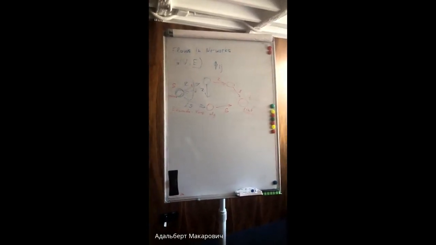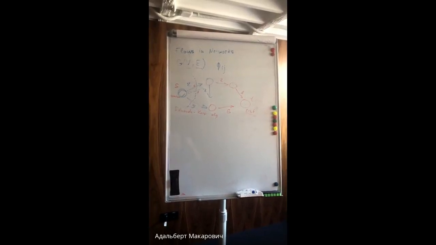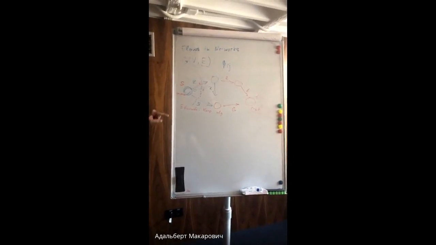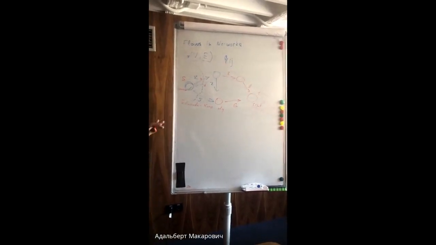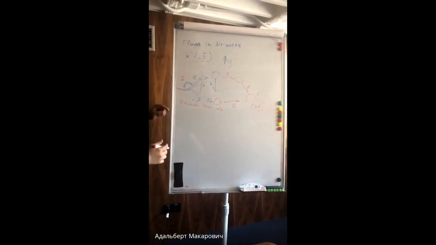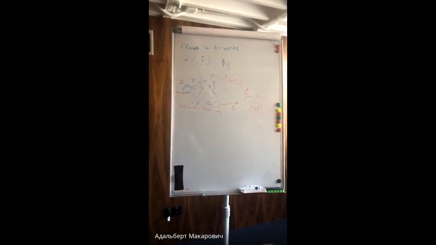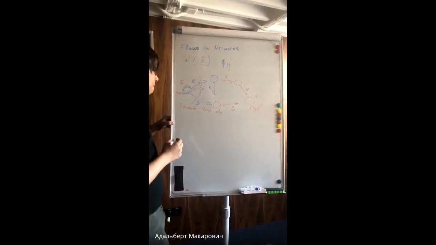What the Edmonds-Karp algorithm does is basically the same as Ford-Fulkerson, but instead of DFS, it runs BFS at every step.